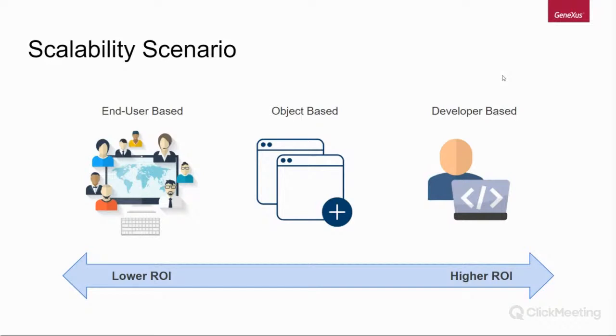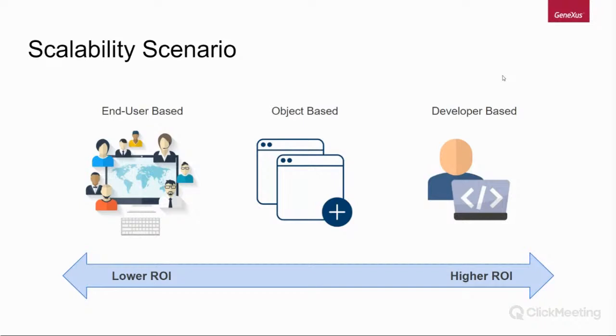In this case, let's start with the end user based licensing model. I would incur an initial investment in order to get my hands on the platform, and after I start developing and the software I created starts getting more users, I will have to pay more, due to the licensing model.